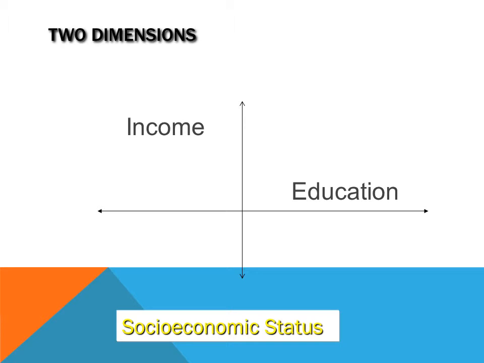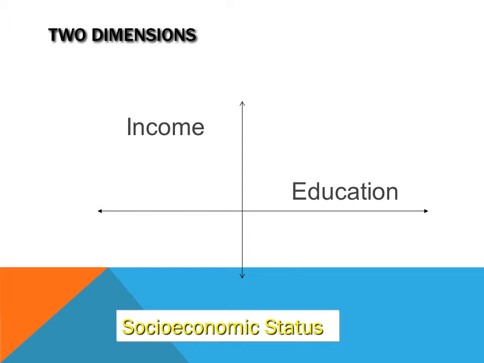And if you look at the quadrants there, on the upper right is high income, high education, and the upper left is high income, low education. And you can understand why a person who is highly educated with a lot of money is very different than a person who is very low education but has the same amount of money. So their lifestyles are completely different.